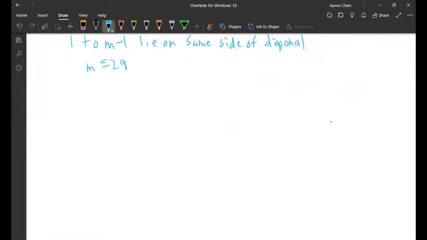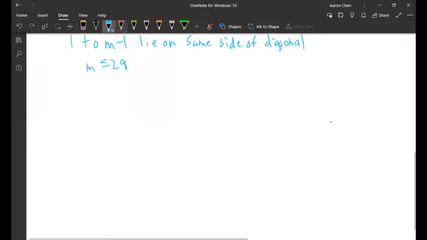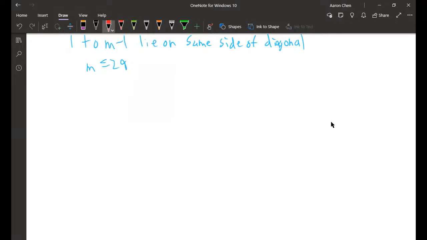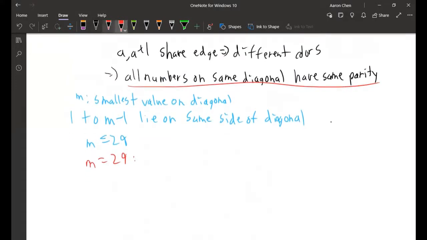And so if we let m equal 29, then you already know from here that all numbers on the same diagonal have the same parity.